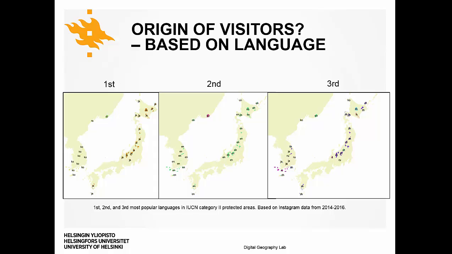And for example, in Korea and in Japan, it seems that most of the posts are made in the national languages, indicating, of course, that the parks are visited mostly by national visitors, because if I would go to Japan, I couldn't, even if I would like to, post in Japanese. So there's a limitation, or if many of you would come to the Finnish parks, you wouldn't maybe still post in the Finnish language. So in areas like this, where language is somehow limited, we could use language as some sort of an indicator.